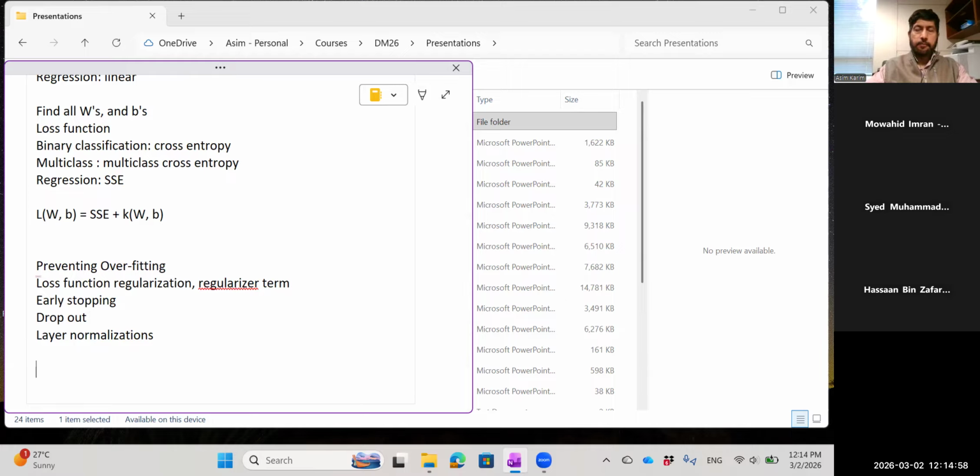Okay. Of course, the optimization techniques may have various variations, but all of those variations are part of the stochastic gradient descent optimization technique. So SGD, stochastic gradient descent, is an iterative optimization technique that uses the first derivative.